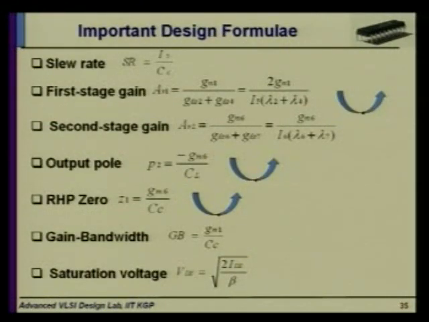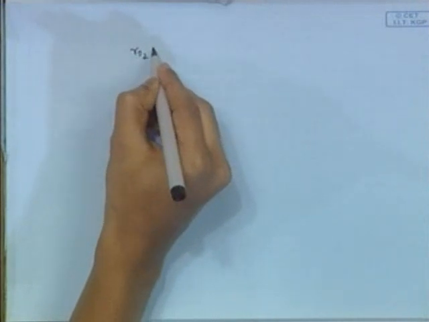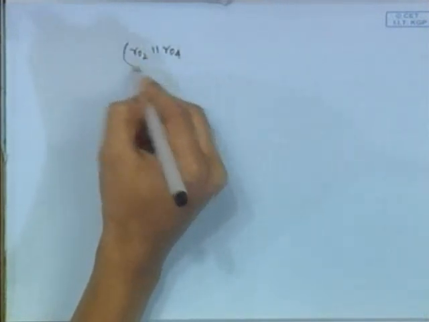Here for the first stage, I am just brushing up the formula: AV1, the first stage gain, was GM1 divided by GDS2 plus GDS4. Yesterday I told you the formula GM1 times R02 parallel R04. Say this is capital R01.